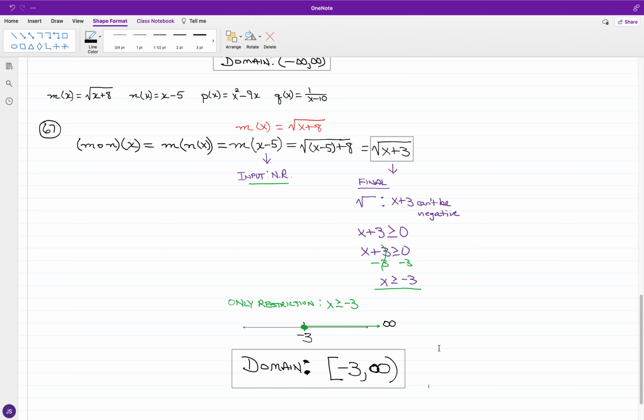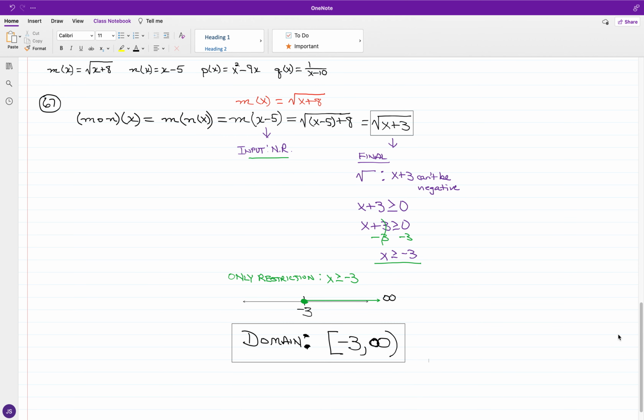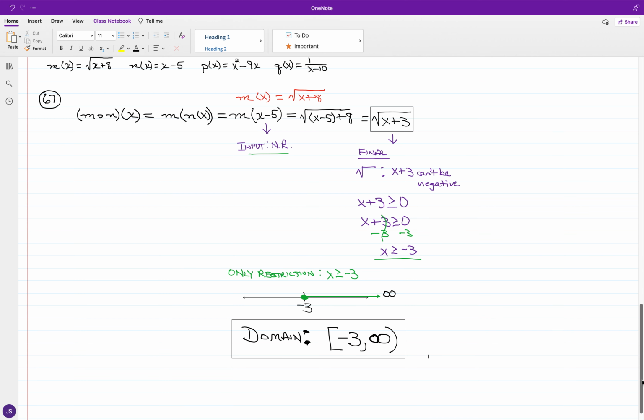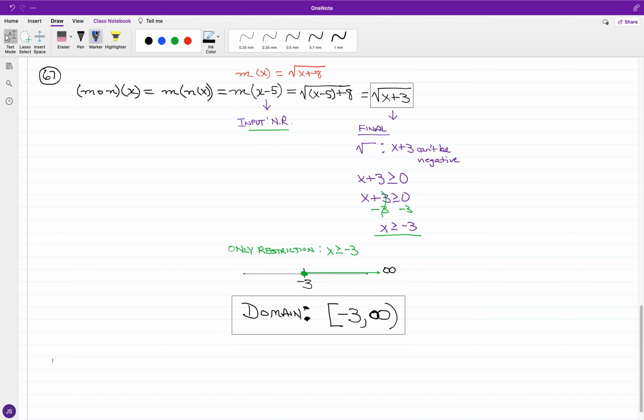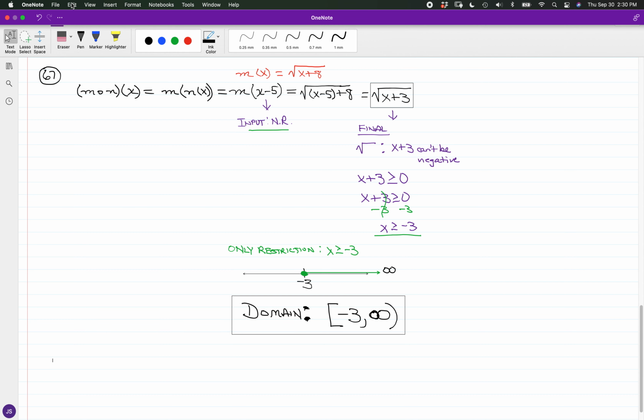Now, still working with these functions, we have just reversing the order. We had m composed with n of x. Now in the reverse sequence, we have n composed with m of x.